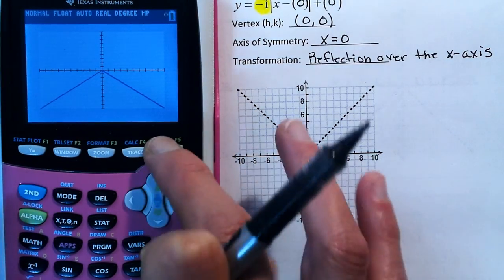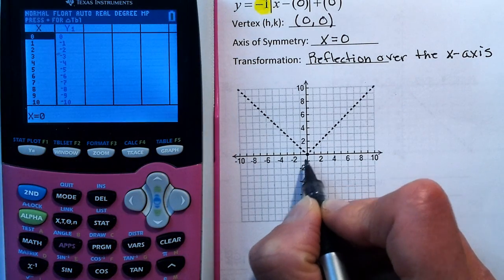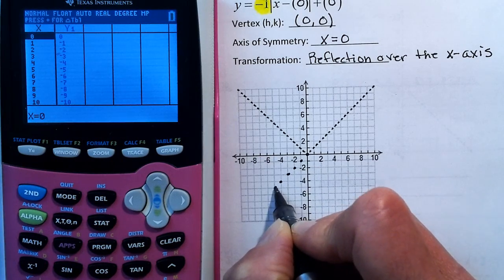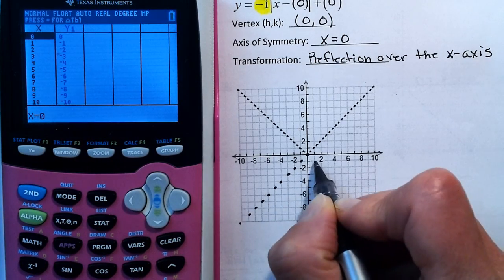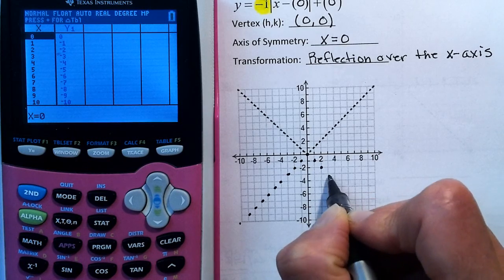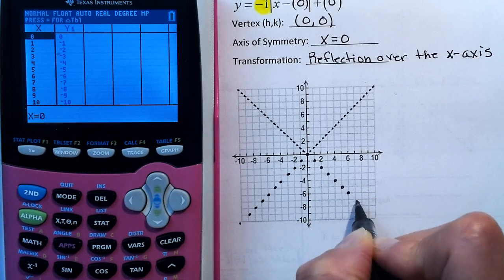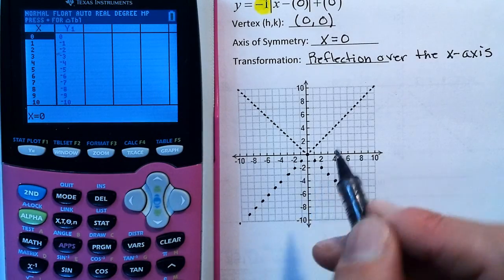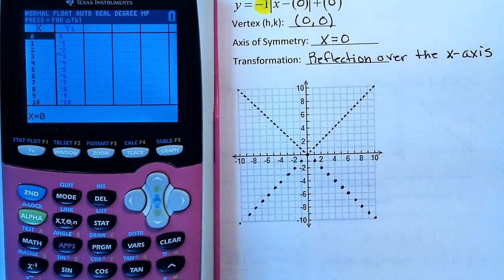So if I were to go in and look at my table and put in my values, then I could go ahead and graph my transformed function. I'm just doing this real quickly. You can look at the table and it will show you it's just the points going down.